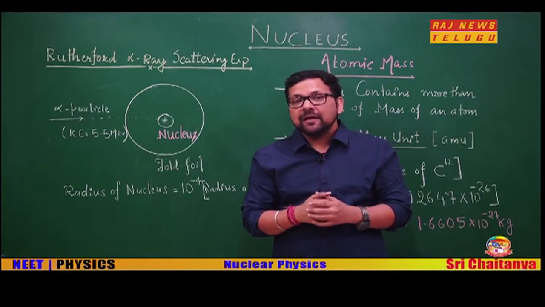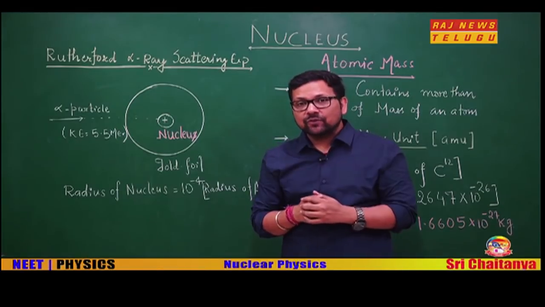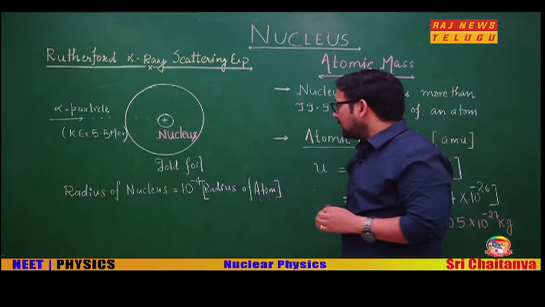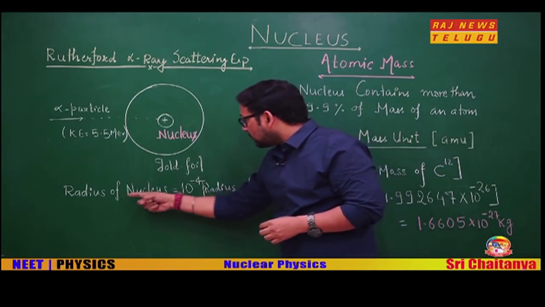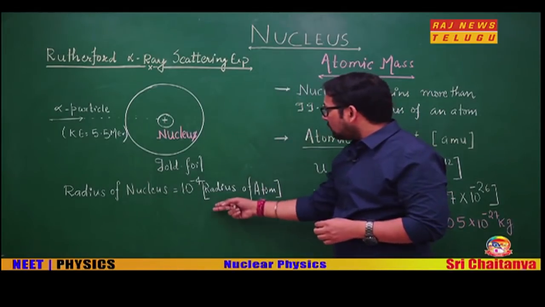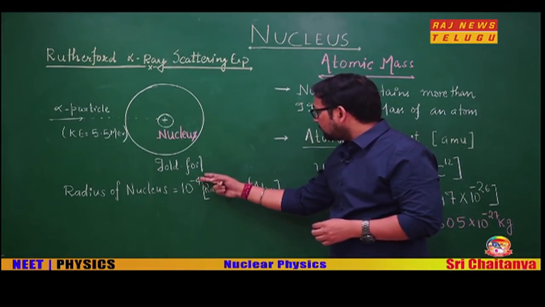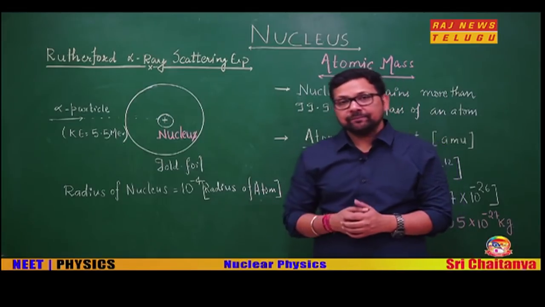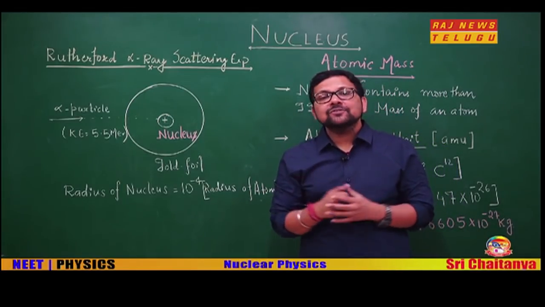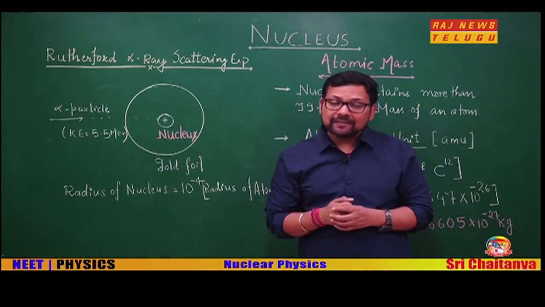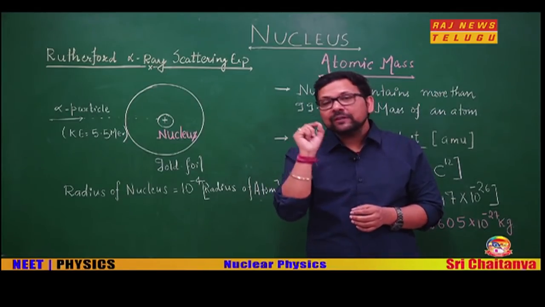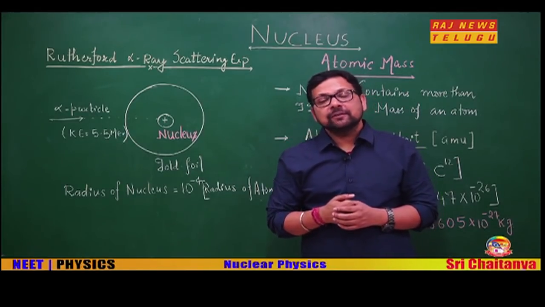So, the nucleus is a positively charged body, very much inside the atom, and the most interesting fact was that it is the core of the atom. You can see the radius of the nucleus is almost 10 raised to power minus 4 times the radius of the atom. Suppose a classroom is taken as an atom, then a pinhole in that classroom is the nucleus.